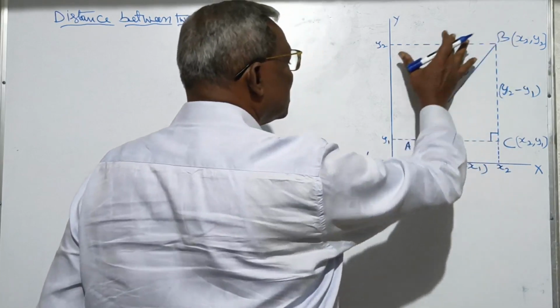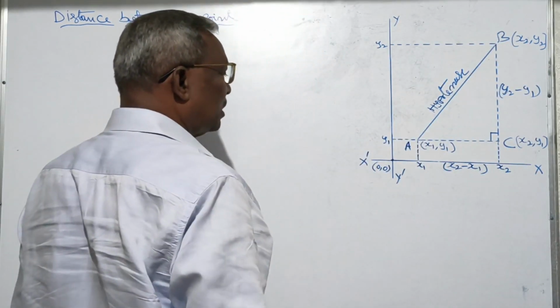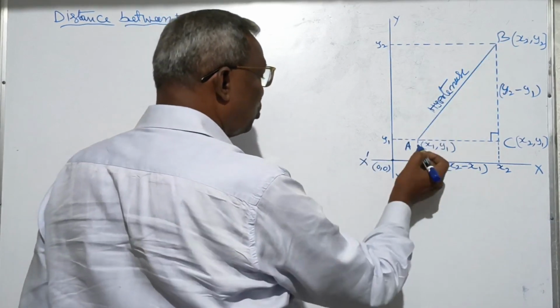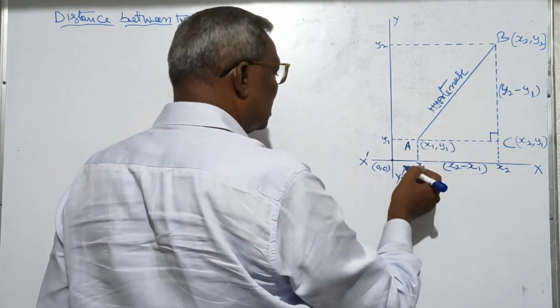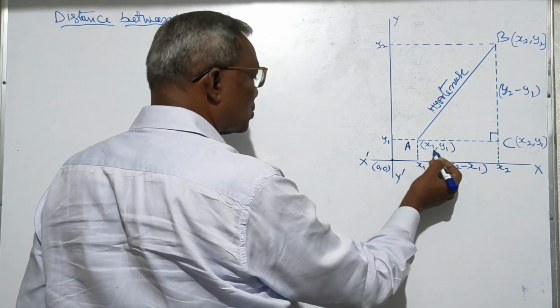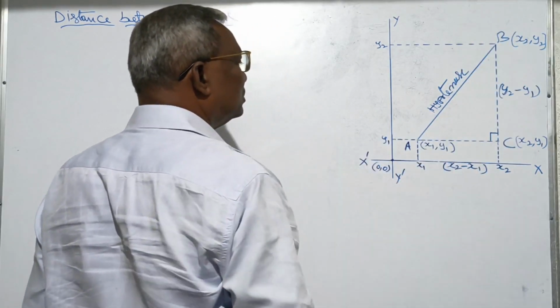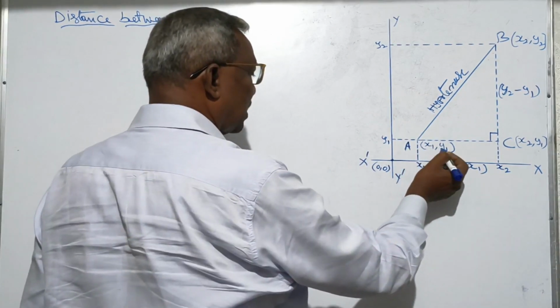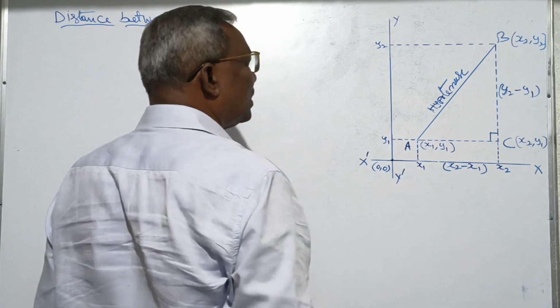I choose only the first quadrant. In this first quadrant, there are 2 points, point A and point B. Point A coordinates are x1, y1, and point B coordinates are x2, y2.